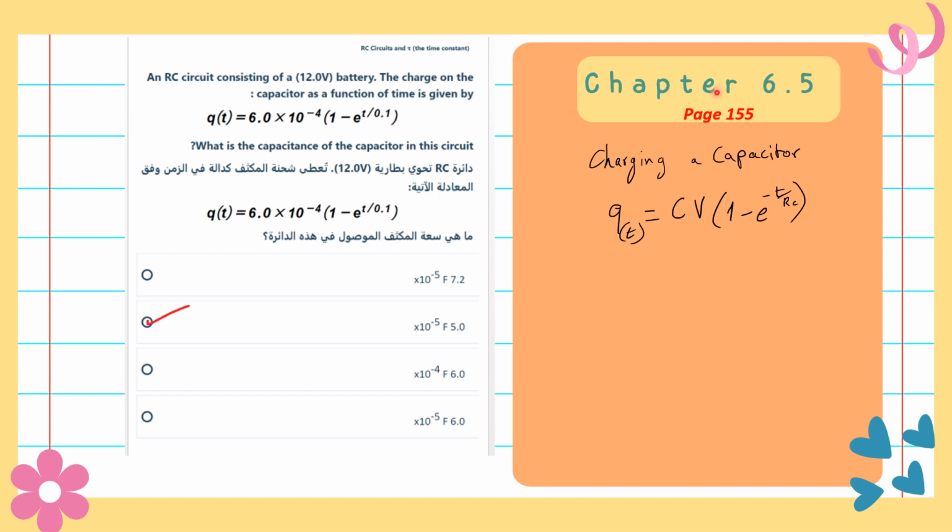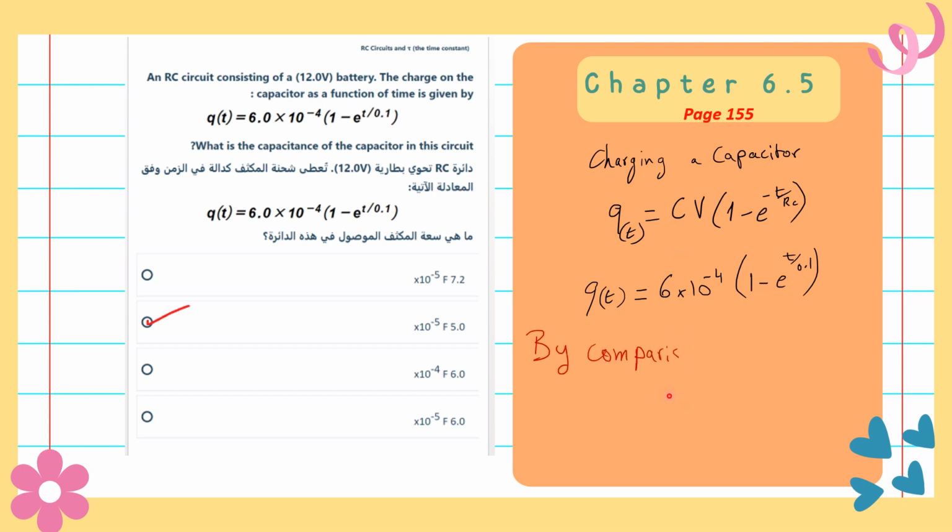And from that section, we can find the equation of charging a capacitor, which is Q equals CV times 1 minus exponential of minus t over RC. So that's the equation given by them. They ask what's the capacitance C of the capacitor. So this is the unknown C. How to find C?